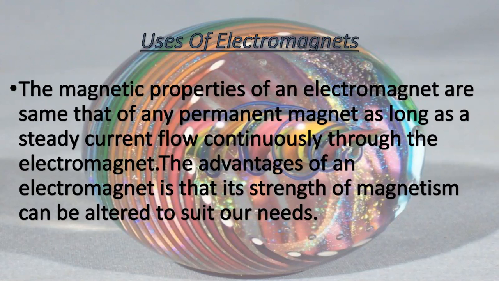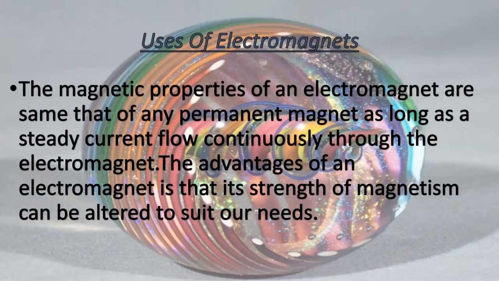Now, what are electromagnets? An electromagnet is a magnet that is made by using electromagnetism. It consists of a coil of wire, usually wound round a piece of iron.